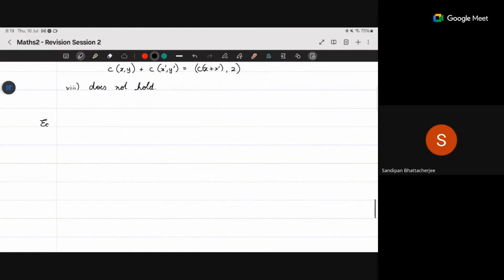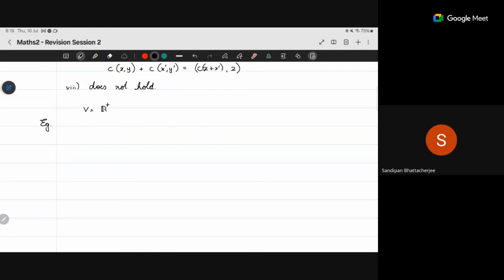So just to get a little bit more comfortable with the abstract definition, consider this definition. My vector space over here is strictly positive numbers.